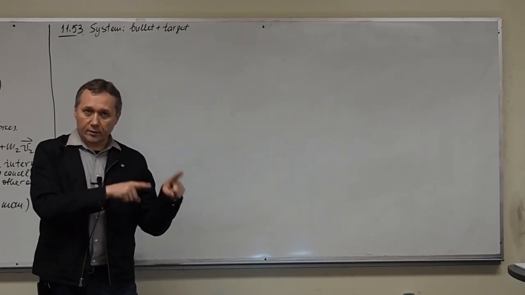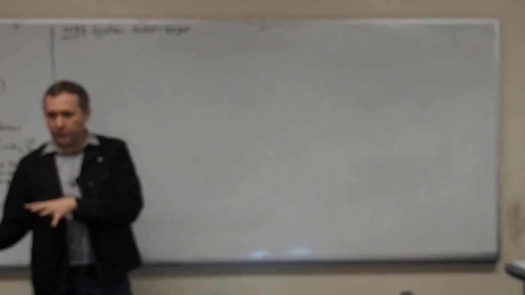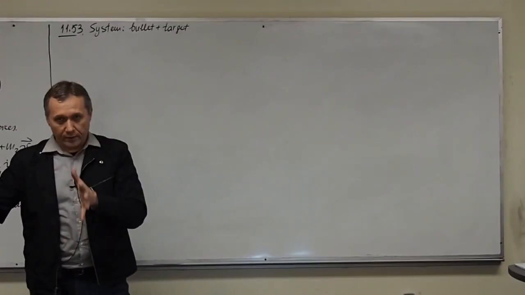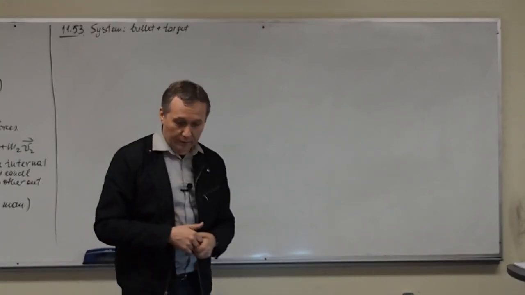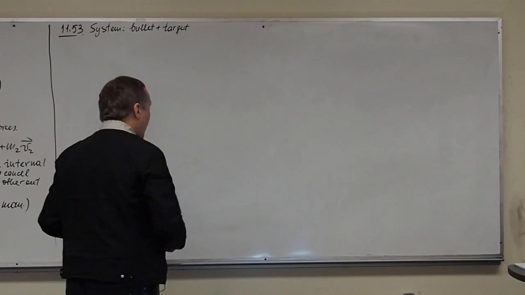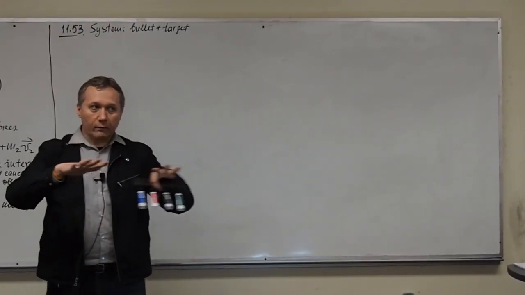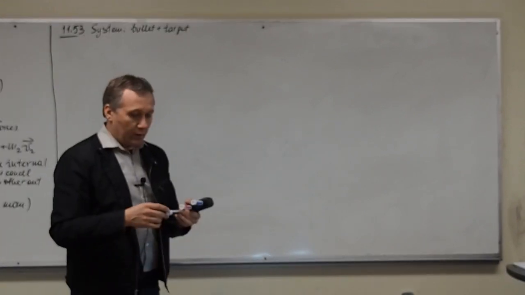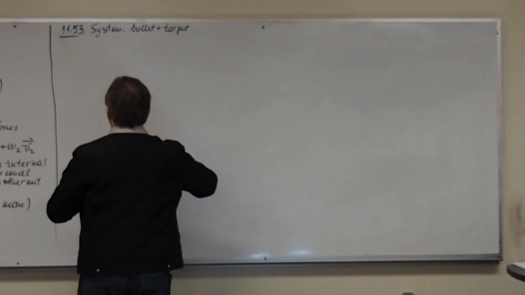So initially, the target is at rest, the bullet is flying. After the impact, after the collision, the bullet is still flying and the target will be sliding. So we need to find the velocity of the target after the impact. Again, it's a one-dimensional problem. So I will introduce an x-axis along the direction of motion, along the horizontal direction.